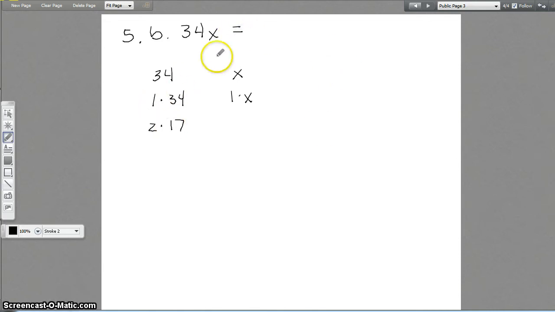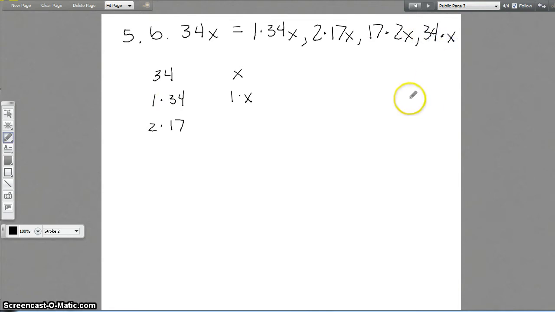So if we start with 1, times 34x will give us 34x. Okay, now we're going to choose the second factor, 2. 2 times 17x will give us 34x. Then we're going to go with 17. 17 times 2x will give us 34x. And then we'll do 34. 34 times x will give us 34x.